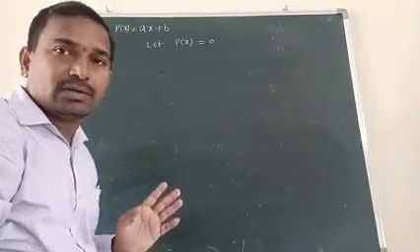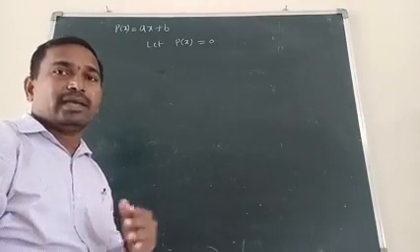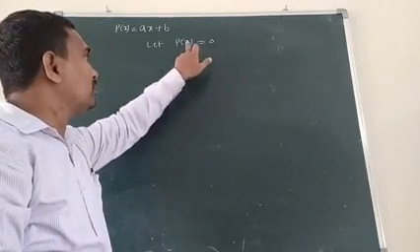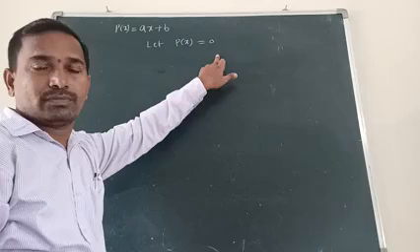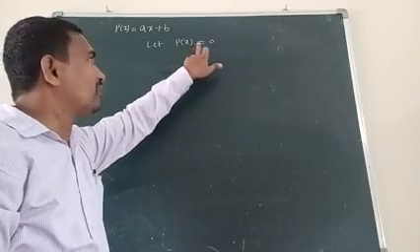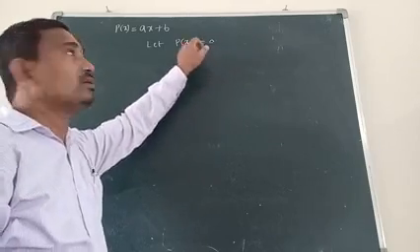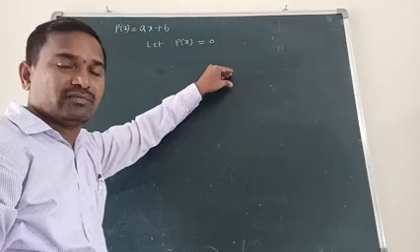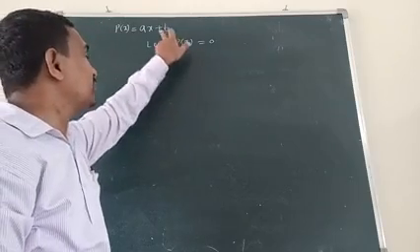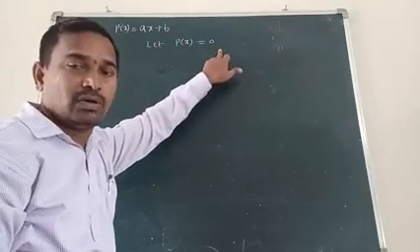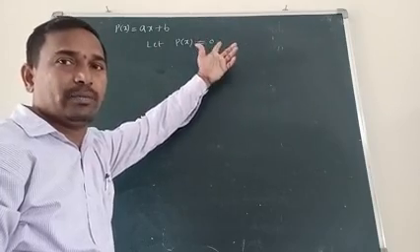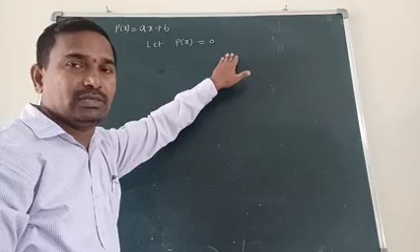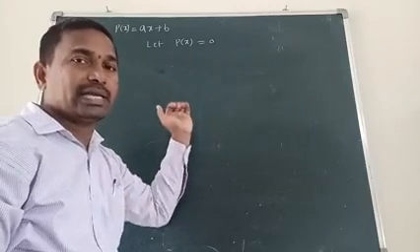To find the zeros of the polynomial, it is enough to solve p of x equal to 0. The solutions of p of x equal to 0 are zeros of the polynomial p of x. So to find the zeros of the polynomial, take that polynomial equal to 0. This is an indirect method: first I am assuming that the polynomial value is 0, then I am finding the x value.